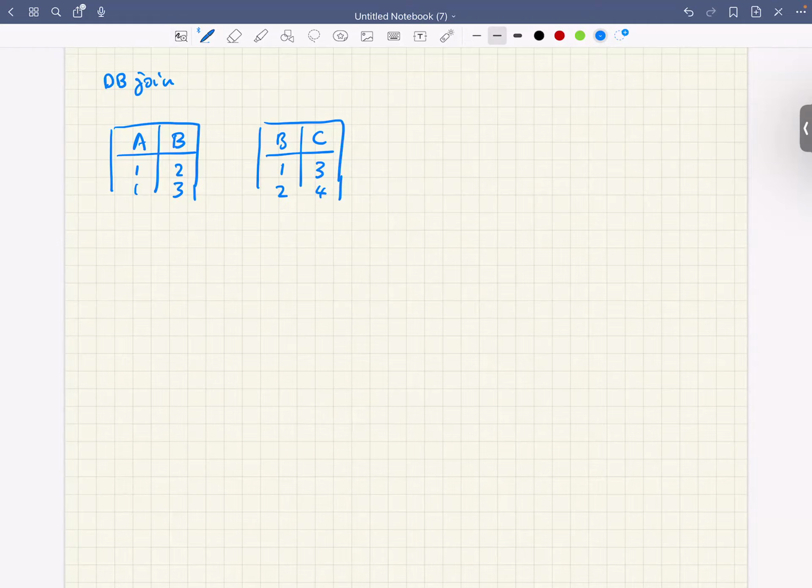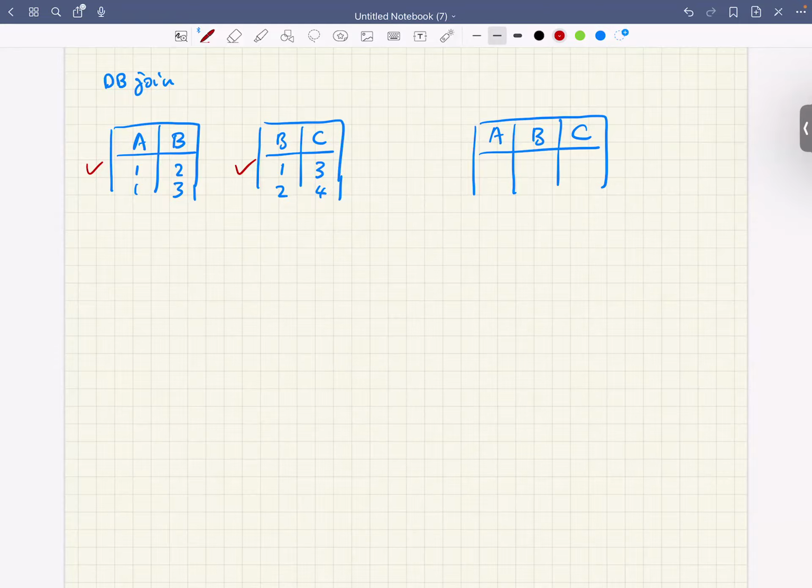It will give you a table, and this table has 3 attributes, A, B, C. And what do you have in this column? Well, you try to look at every pair of tuples in the 2 original tables, and you try to see if they will give you an answer.